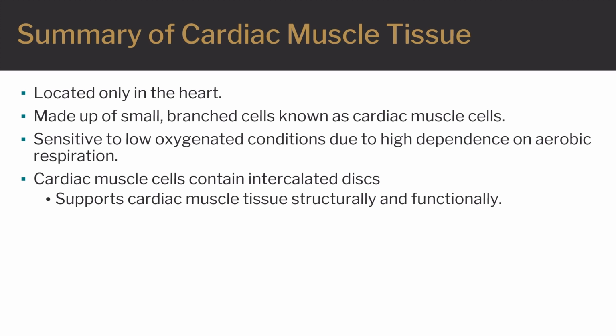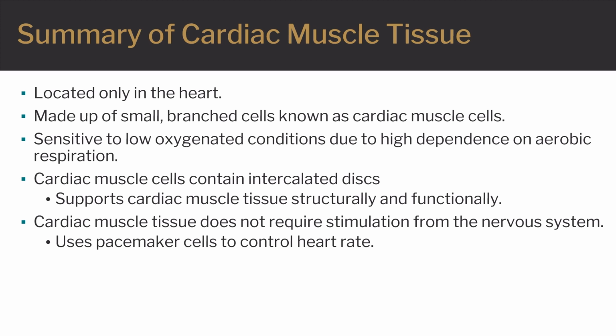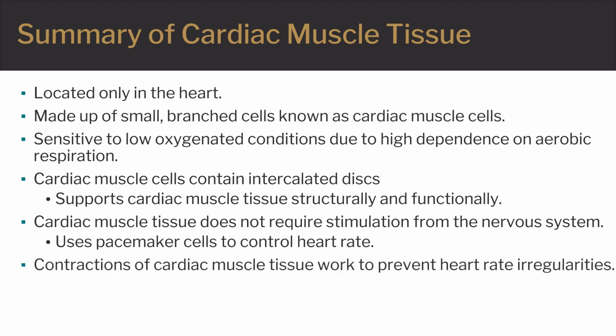Cardiac muscle contraction is involuntary, like smooth muscle contraction, and not voluntary like skeletal muscle contraction. In order to function, cardiac muscle tissue does not require stimulation from the nervous system and instead can use pacemaker cells to control heart rate. These specialized pacemaker cells control contractions of the heart to prevent heart rate irregularities.